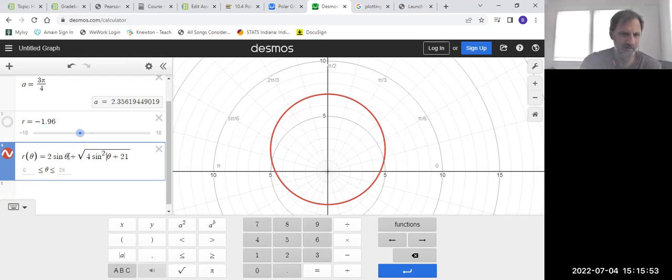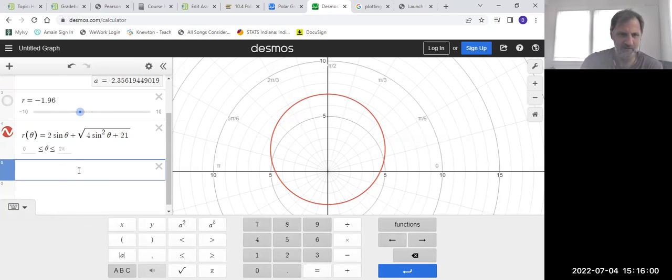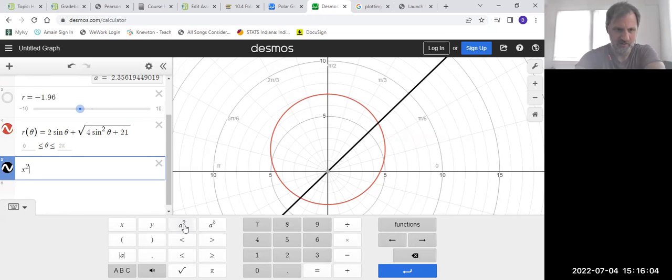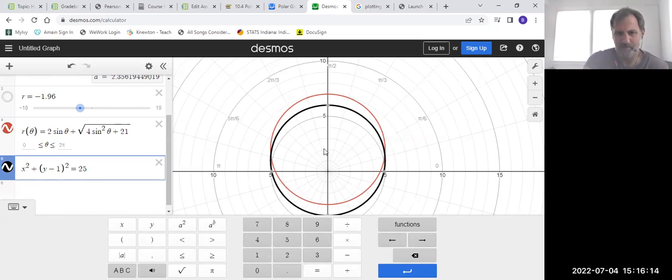So this is a circle, and it's the same. We can check our work. We've got x squared plus y minus 1 squared equals 25. Yep.